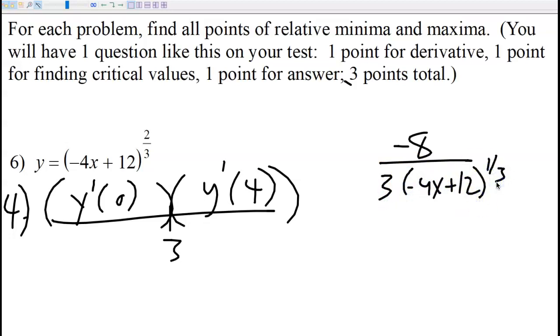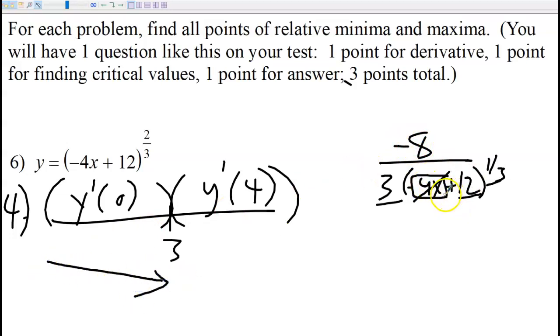Okay, that'll be interesting. So if I plug in 0 for x, well, this part's just going to go away. If you take the cube root of a positive number and multiply it by a positive number, you get a positive number. And if you divide a -8 by that, you're going to get a negative number. So this whole thing's going to come out negative.